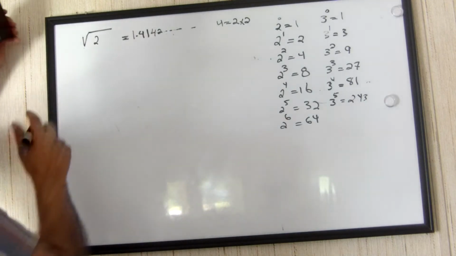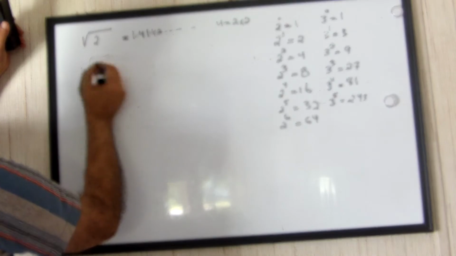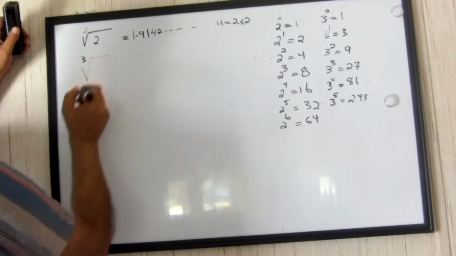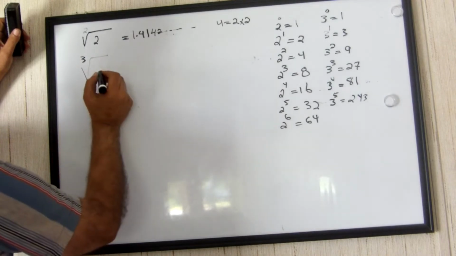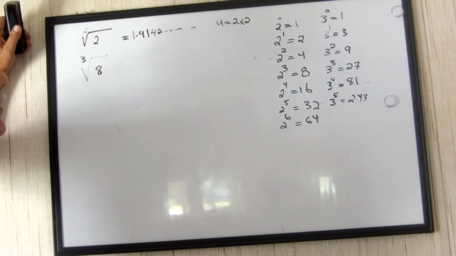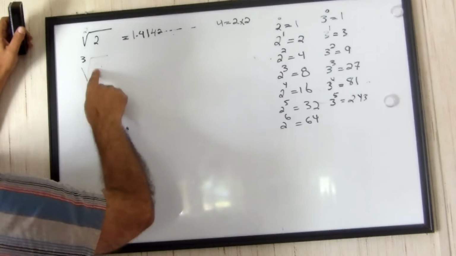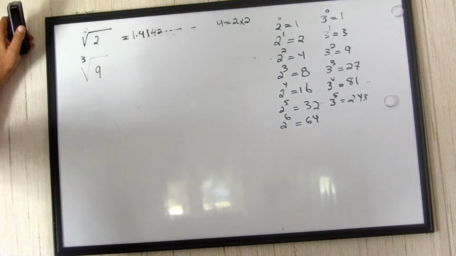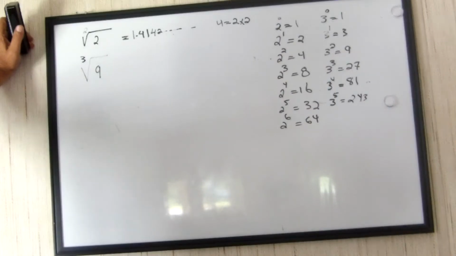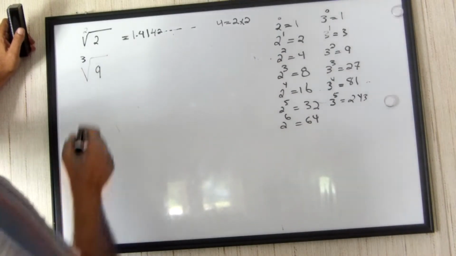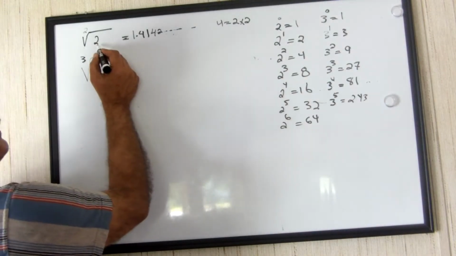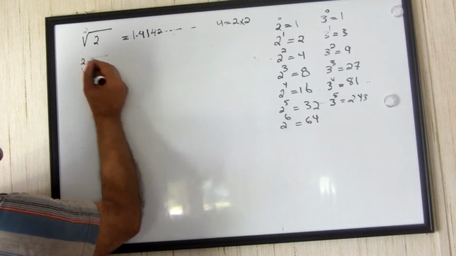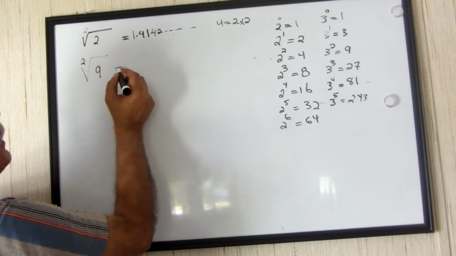How about the cubic root? Before, the index was 2. The index now is 3. If you have something like 9, suppose that it was a square root, the square root of 9 is going to be 3.